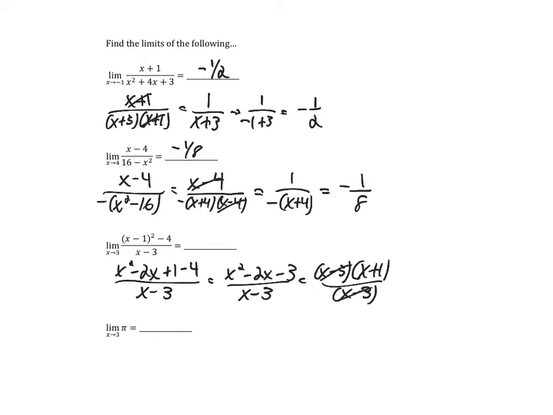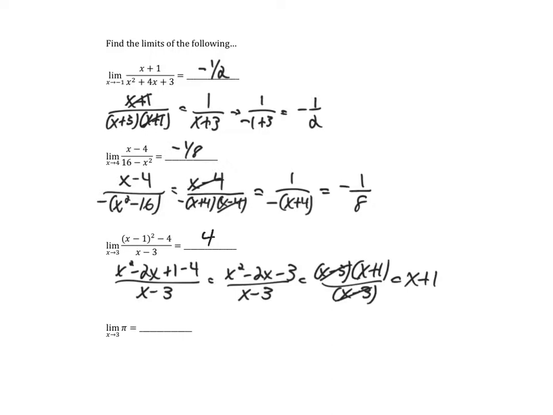Now those x minus 3's cancel out. I'm left with x plus 1. If I plug 3 in, do I still get 0 over 0? I do not. I get 4. Thus, the limit is 4.